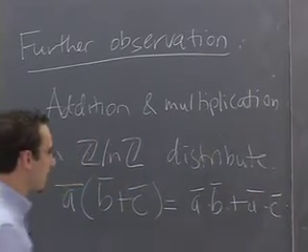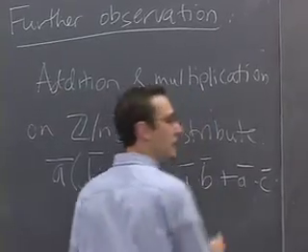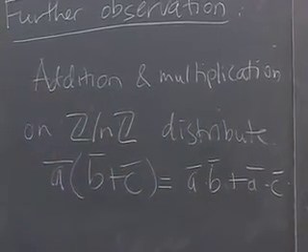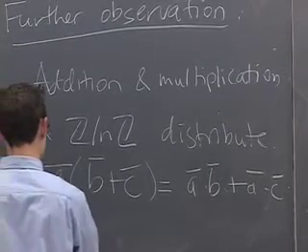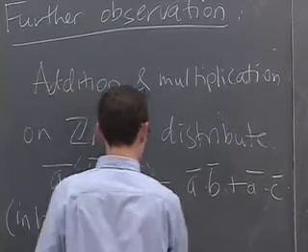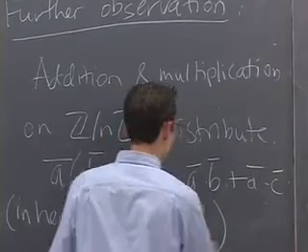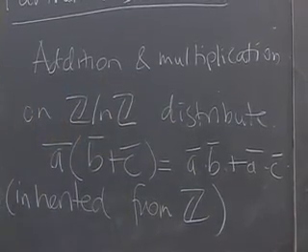Now, of course, this seems like an utterly obvious thing because it's just inheriting what's going on from the integers. So this is inherited from Z, and it's a very simple verification.